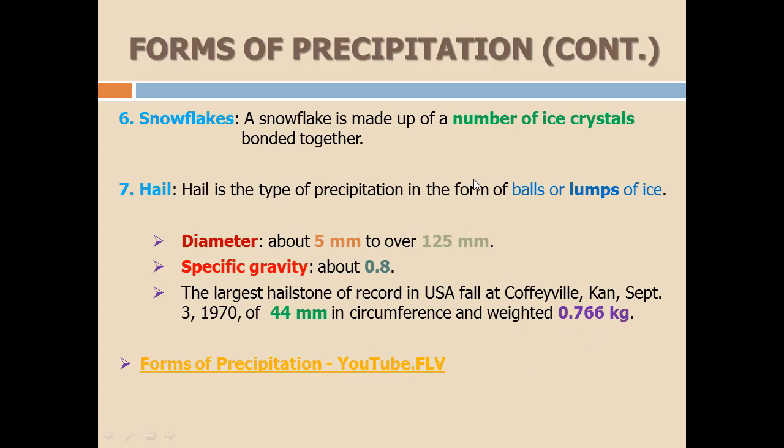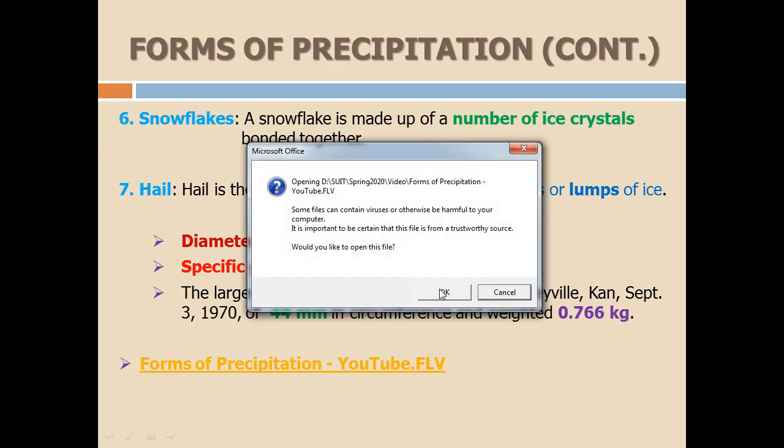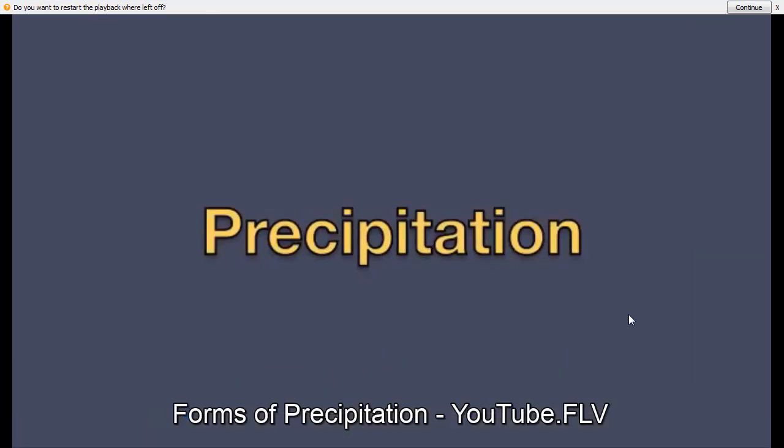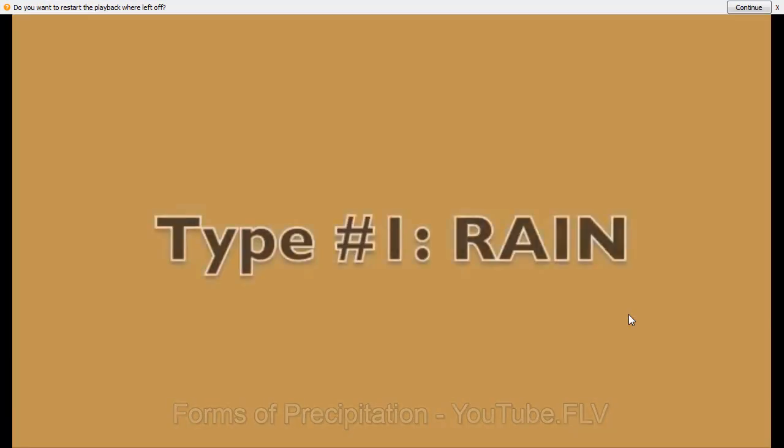0.766 kg. Now here is a very good video of different forms of precipitation in which you can see and hear the sound of different forms of precipitation very clearly. So the first form is the rain.